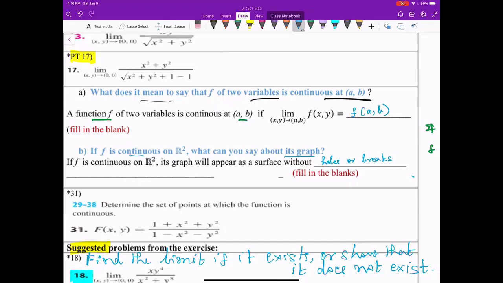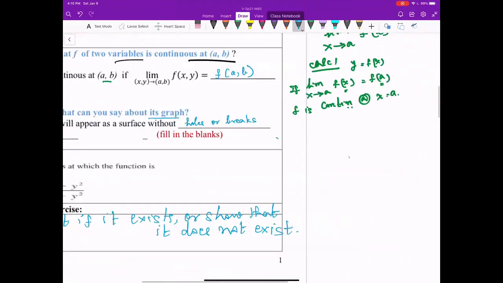So it's again similar to the idea of continuity in single variable. In single variable, the graph is said to be continuous if you can draw the graph without lifting your pencil.